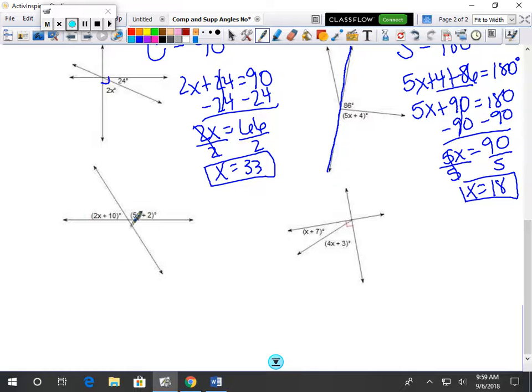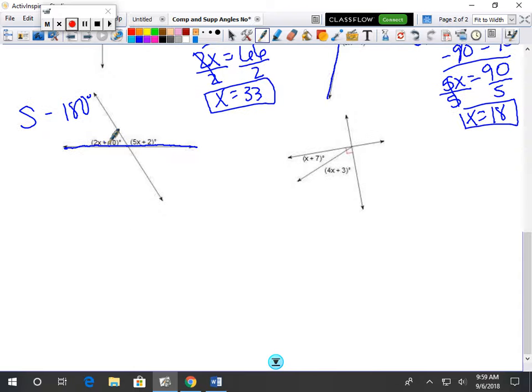For the next example here, again, these are on a straight line. So these would be supplementary angles, which means they add to 180. I'm going to combine the two: 5x plus 2 plus 2x plus 10, and I'm going to set that equal to 180. Combine my like terms. 5x plus 2x gives me 7x.